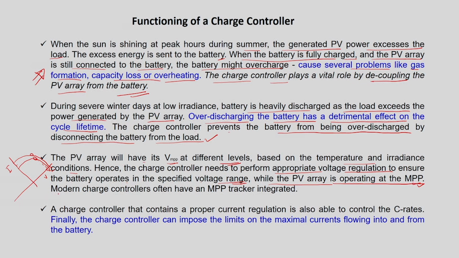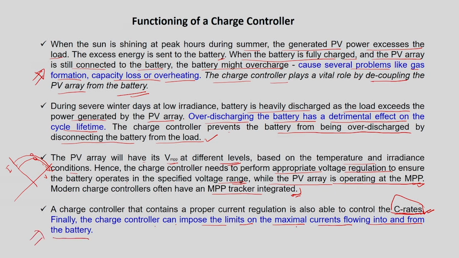Of course, modern charge controllers often have an MPPT tracker integrated. If the MPPT is integrated, then it is not a problem, it will operate at the maximum power point. A charge controller that contains proper current regulation is also able to control the C rate. Finally, the charge controller can impose limits on the maximal current flowing into and from the battery.